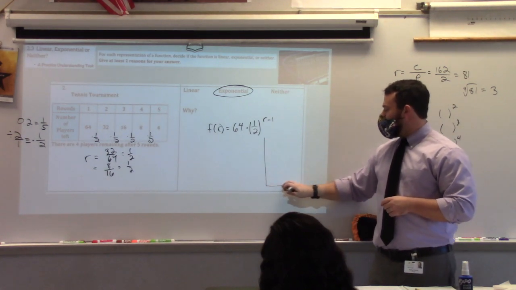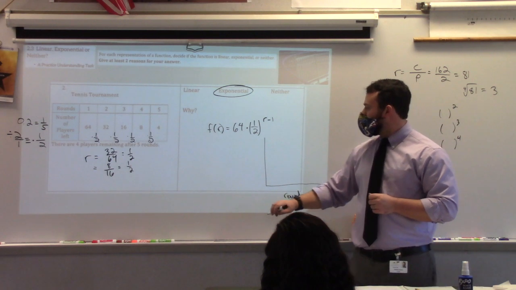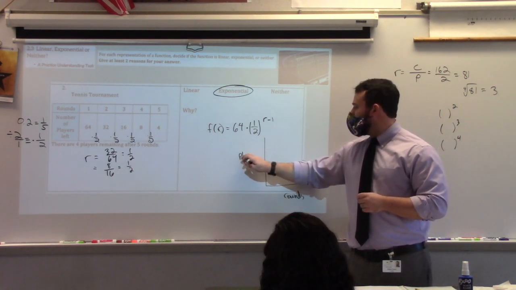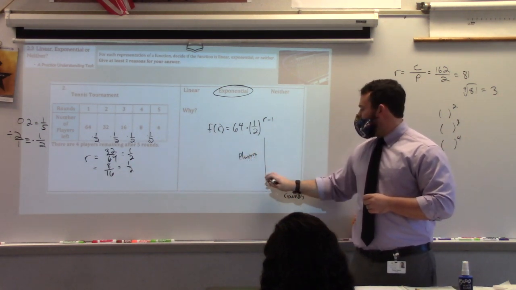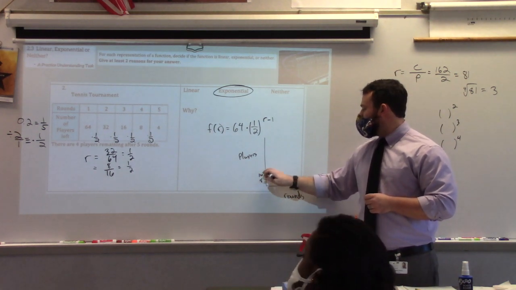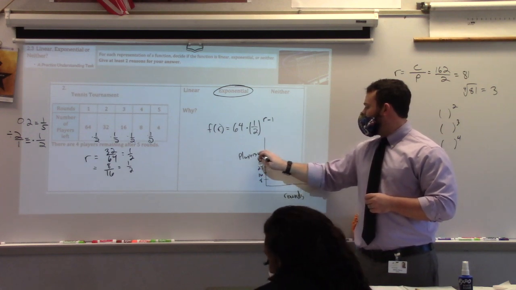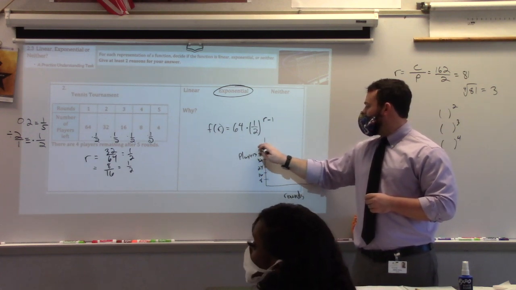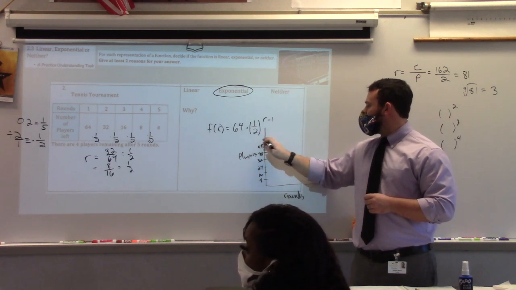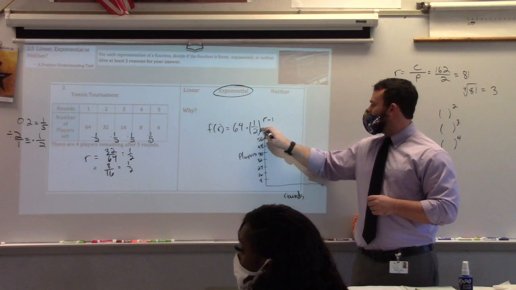I think, if I remember correctly, some other people thought about graphing it. So rounds and players, and we went by 8 maybe? 8, 16, 24, 32, 40, 48, 56, 64.